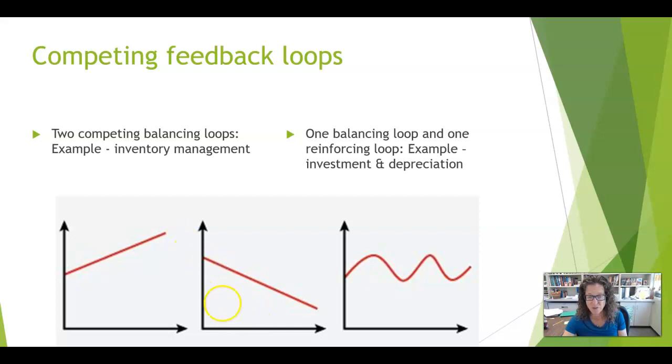If, however, the dominating feedback loop is the balancing loop, the mortality, meaning that mortality exceeds birth rate, we might see a decline in population size over time. And so it will depend which one of the two feedback loops dominates the system. And that will have an impact on, in our example, the population size over time.